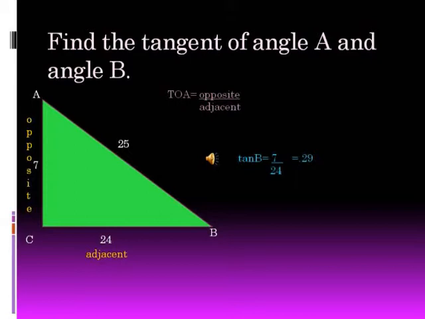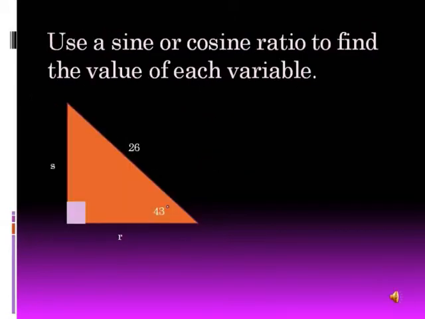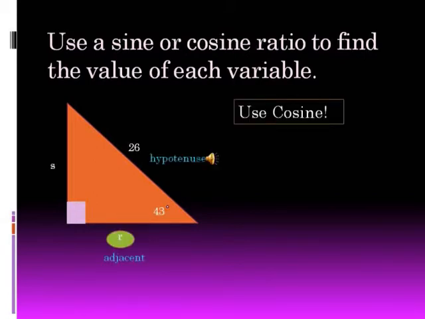Okay, so question number 2 asks me to use a sine or cosine ratio to find the value of each variable. So first, I think I'm going to solve for r. R is adjacent to angle 43, and 26 is the hypotenuse of the triangle. So to find r, I'll have to use cosine, which is the C of SOH CAH TOA, being adjacent over hypotenuse.